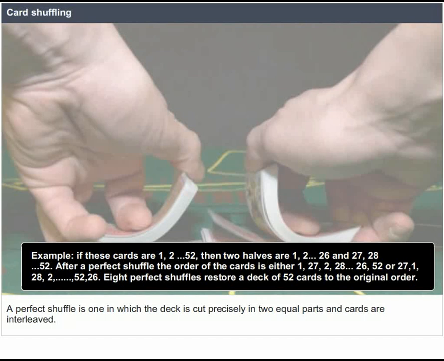After a perfect shuffle, the order of the cards is either 1, 27, 2, 28, etc., 26, 52 or 27, 1, 28, 2, etc., 52, 26. 8 perfect shuffles restore a deck of 52 cards to the original order.